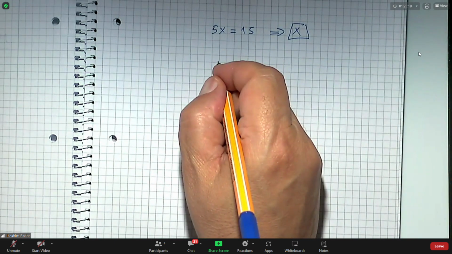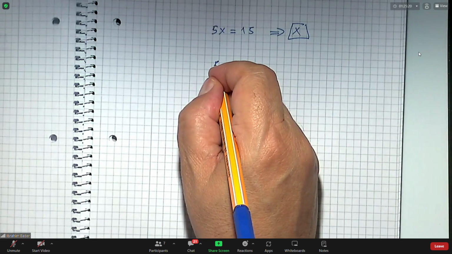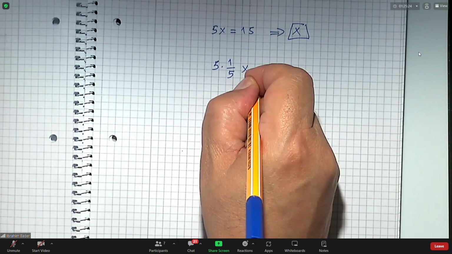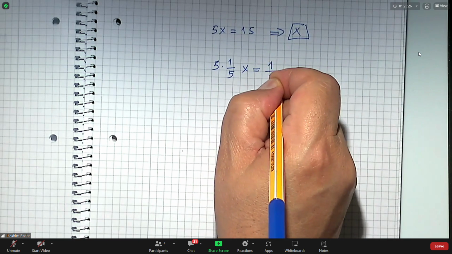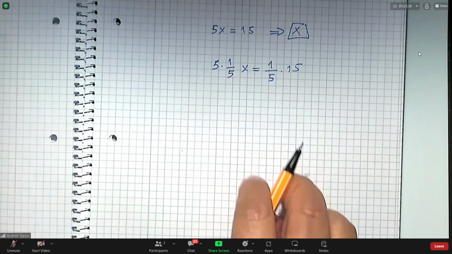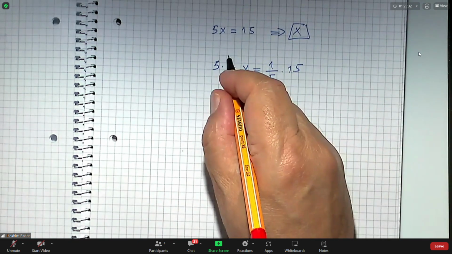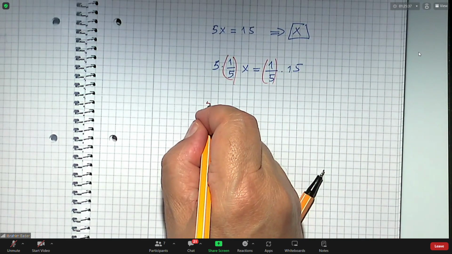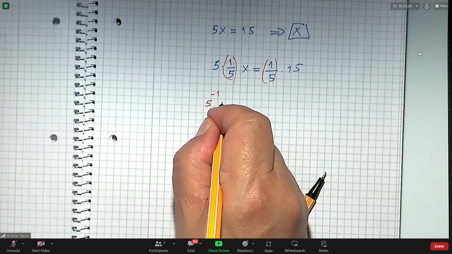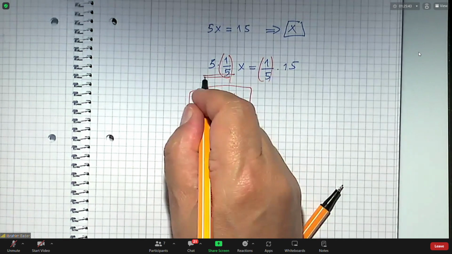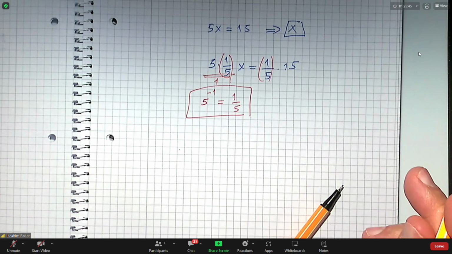You will say it's 5 multiplied by 1 over 5, x equals 1 over 5 times 15. Now, instead of dividing by 5, you are multiplying with 1 over 5. Where 1 over 5, if you like, 5 inverse is equal to 1 over 5. And this is obviously because this will give you the identity, which is 1. You got it?